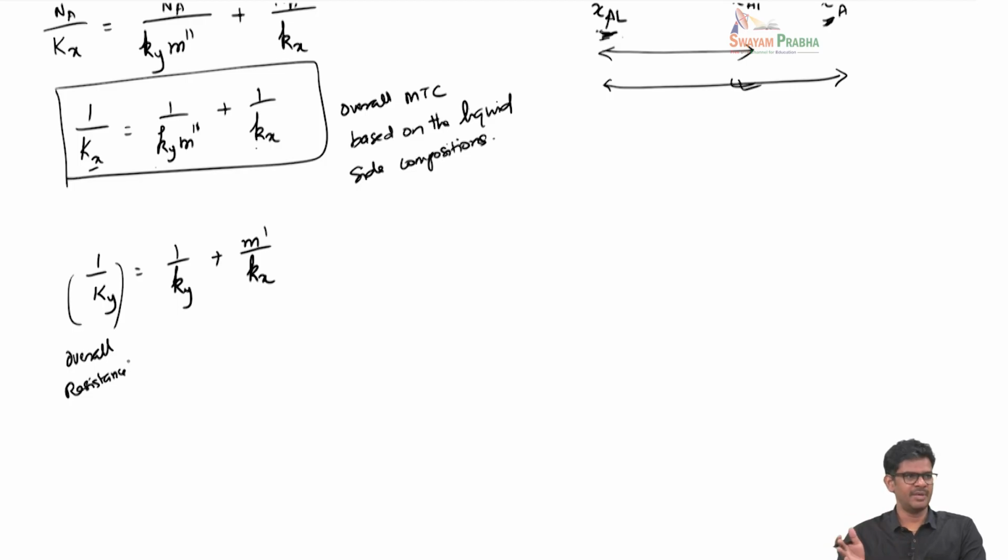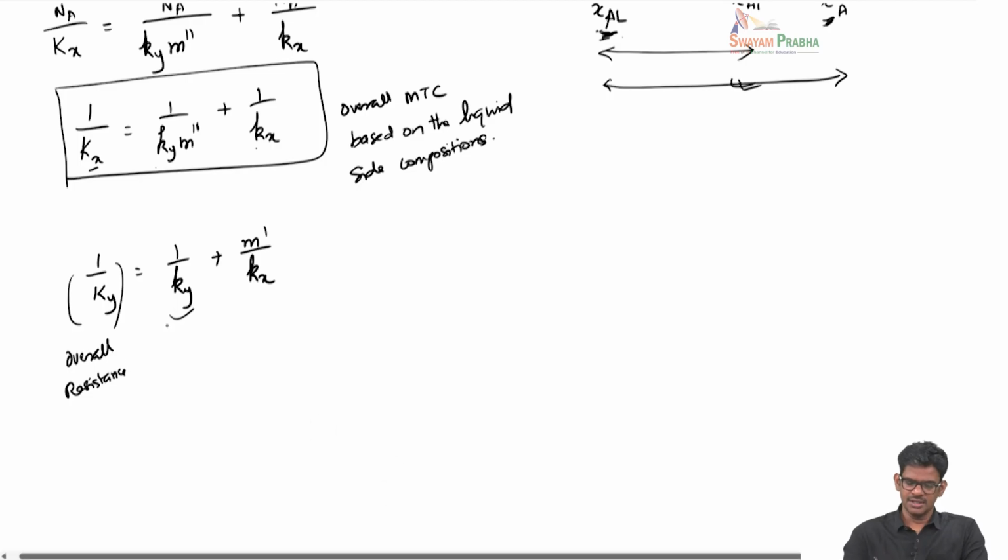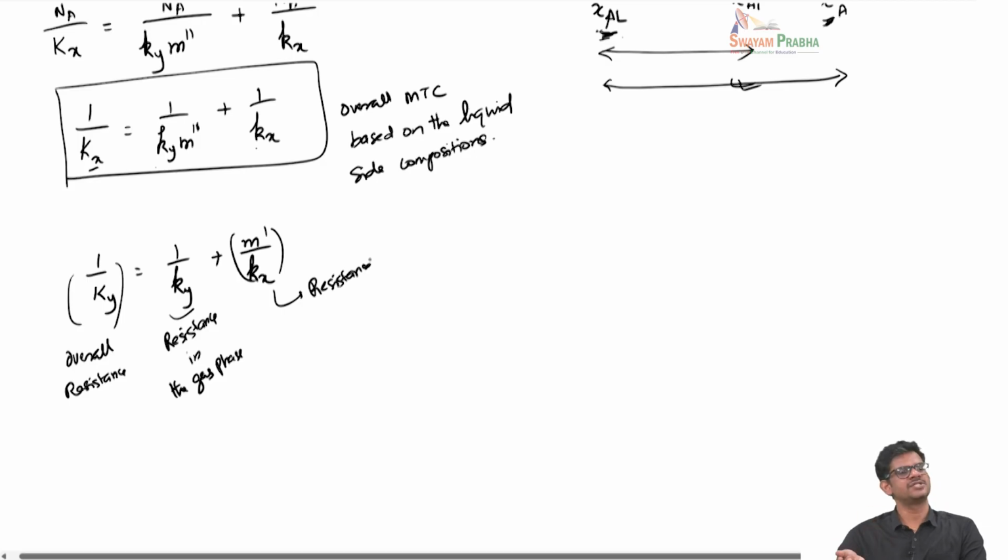So here we are just replacing the heat transfer coefficient with the mass transfer coefficient, and this is the resistance in the gas phase. This term together is the resistance. When I say resistance, it is resistance to mass transfer, resistance in the liquid phase.